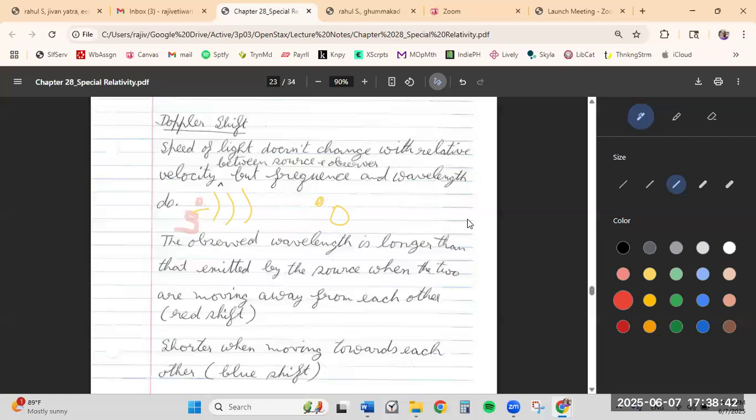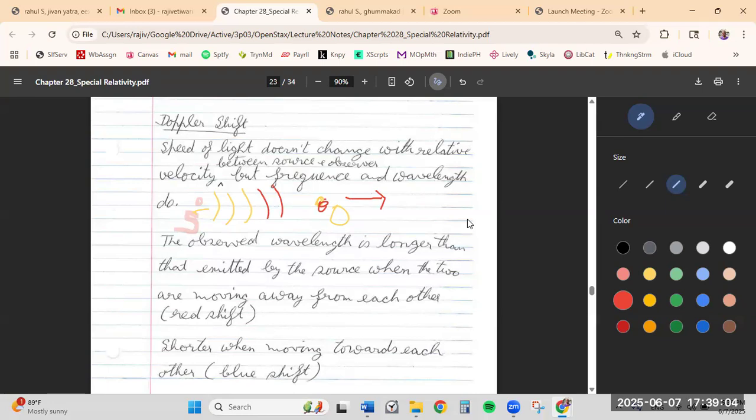Now consider the situation that the observer starts to move away from the source. If the observer is moving to the right and the source is stationary, then the rate at which the wave fronts reach the observer becomes slower.